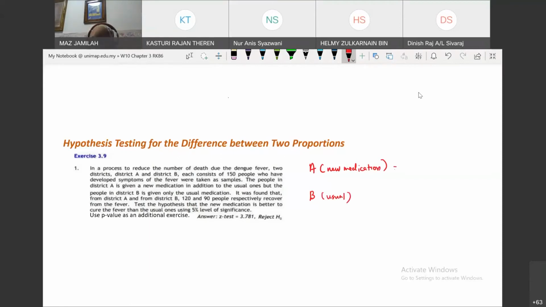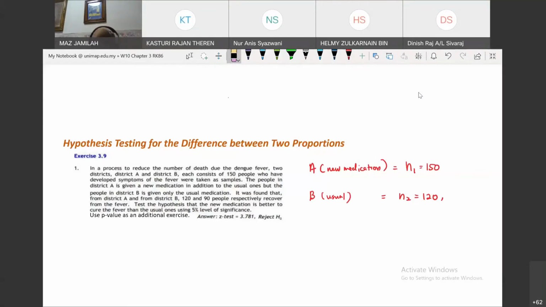From here we know that for district A, N1 is 150. Now it was found that from district A and from district B, 120 and 90.